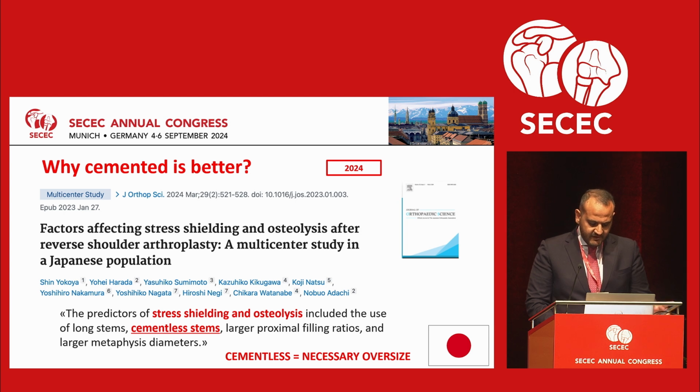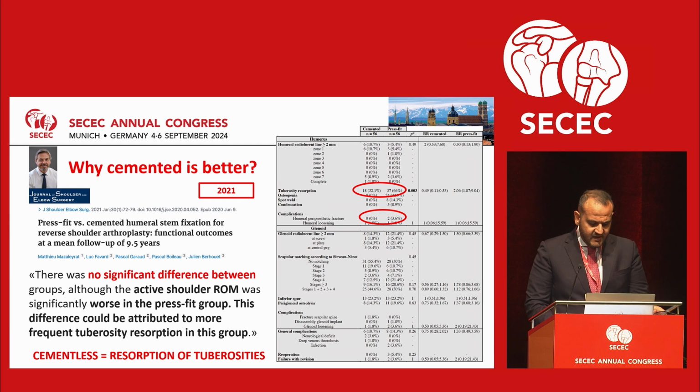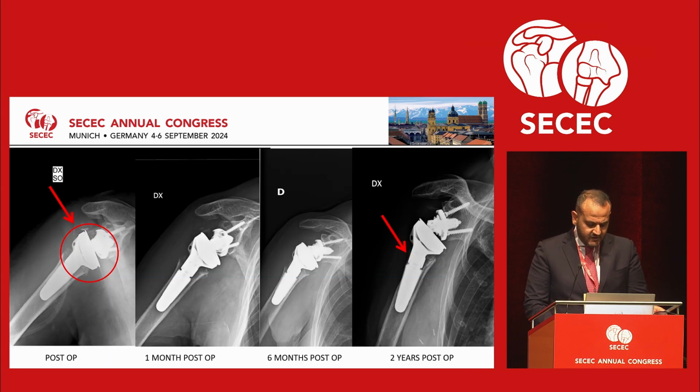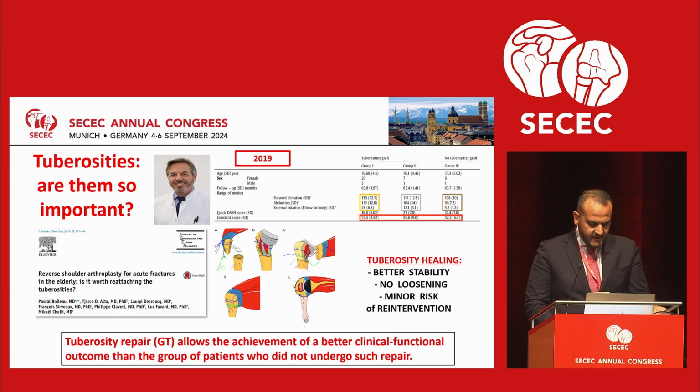Cement is better for one reason: stress shielding and osteolysis, because in a cementless design it is necessary to avoid oversizing. Cement is also probably better for the tuberosity because, as in this case, a short stem shows a combination of tuberosity resorption and stress shielding.